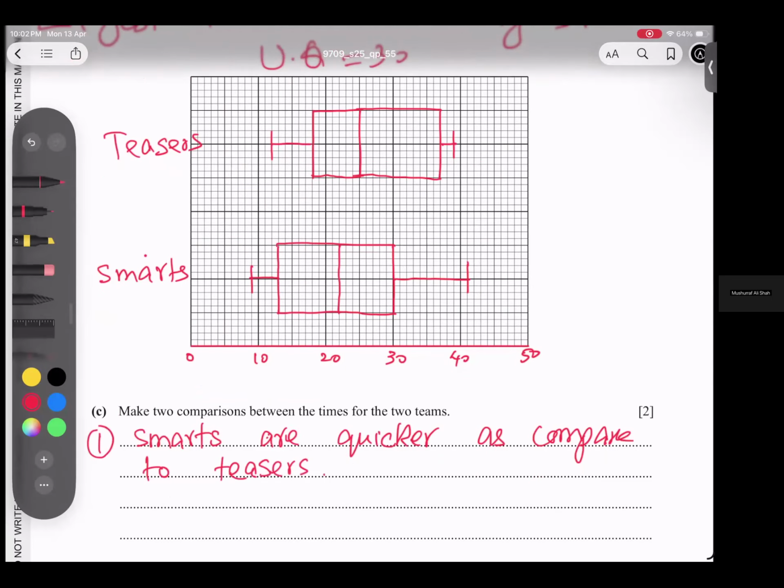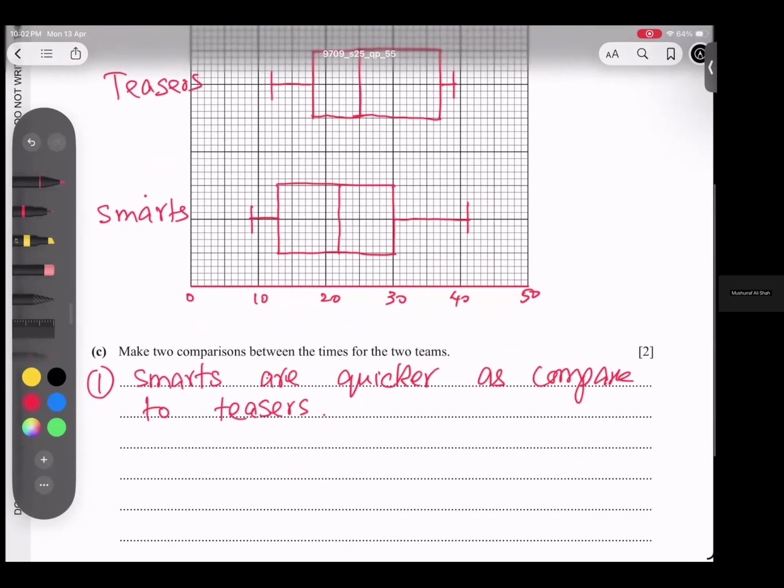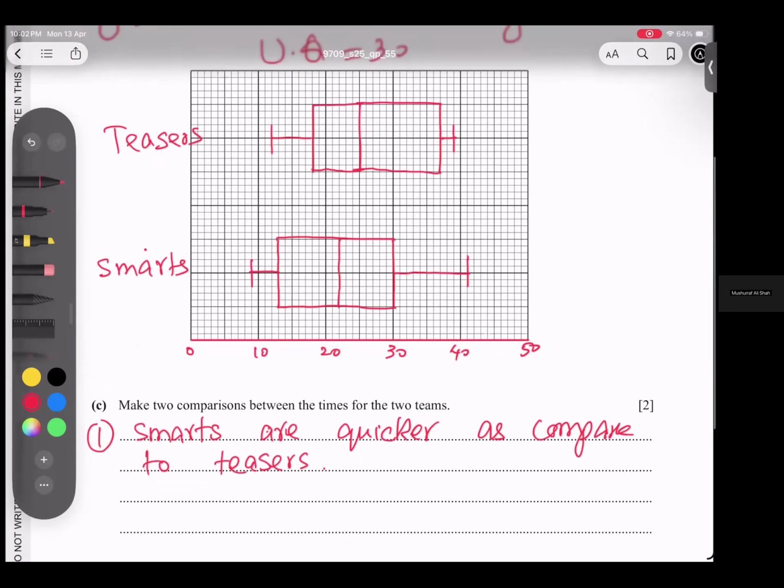Done. Number one. Number two, remember students, bigger interquartile range: look here, this is a small interquartile range, this is a bigger interquartile range. Bigger interquartile range means less consistent. So this is less consistent, this is more consistent.